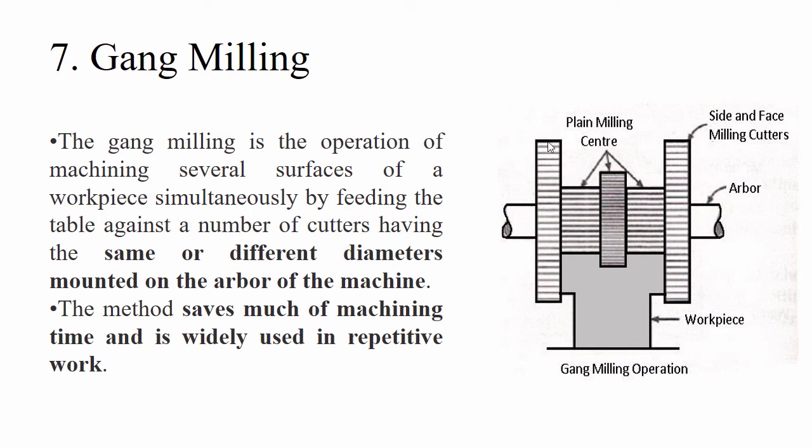These are the end cutters that I have used here, and at the other end of the arrangement they are of the same diameter. This diameter and this diameter are the same. The next two cutters are of the same diameter. The cutter at the center is again of a different diameter.